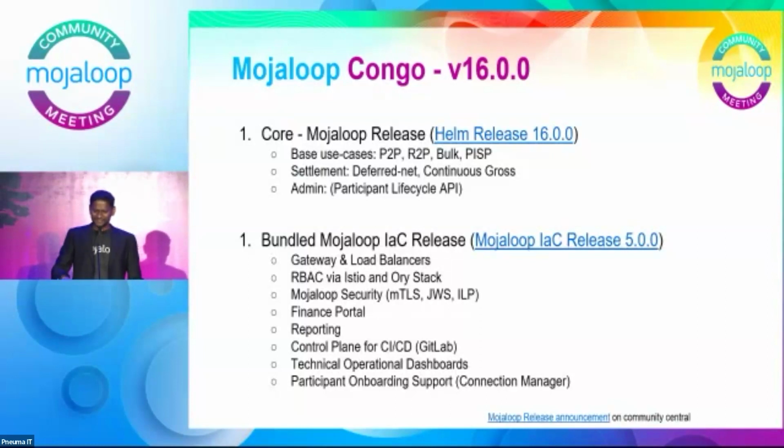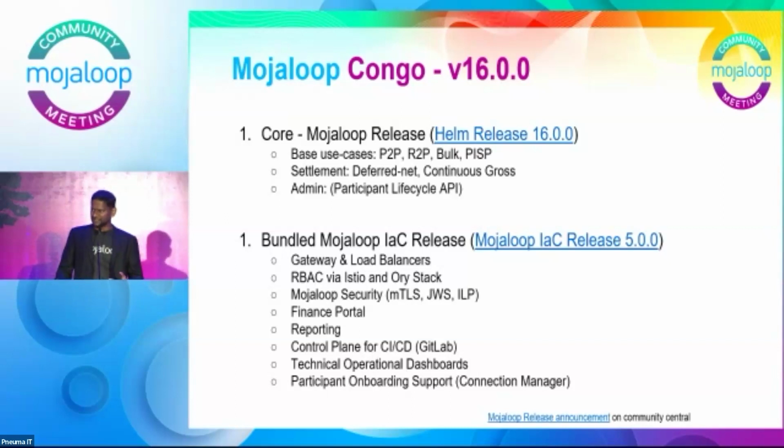So in the release, we have the Mojoloop core itself, the clearing engine, the settlement engine, the lookup services, those kind of things. But when we talk about Mojoloop deployment or Mojoloop platform, it includes many different things.